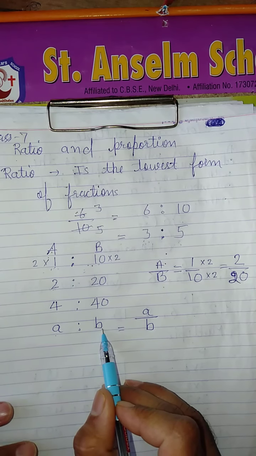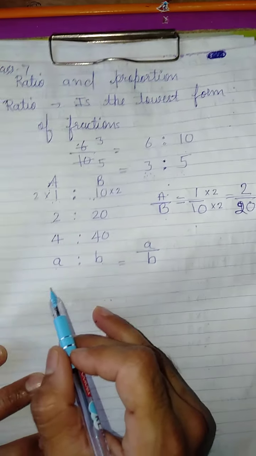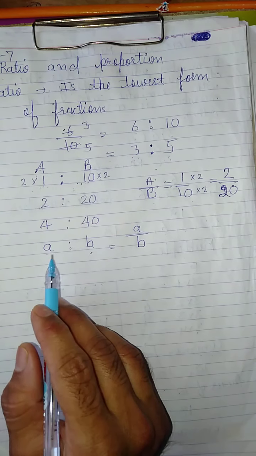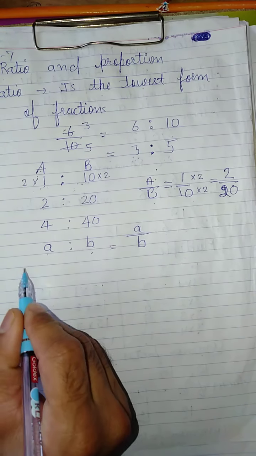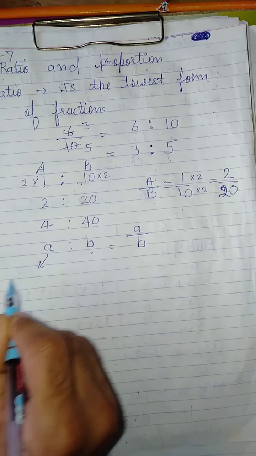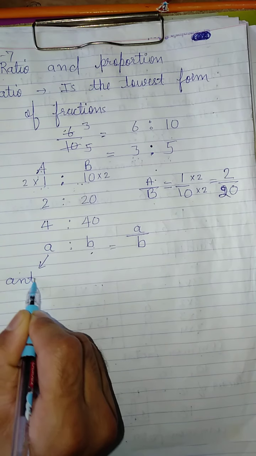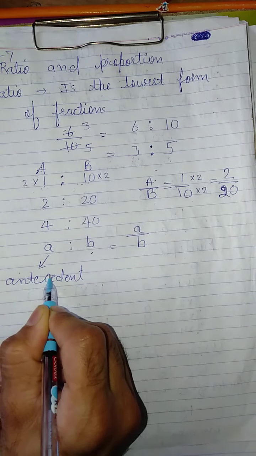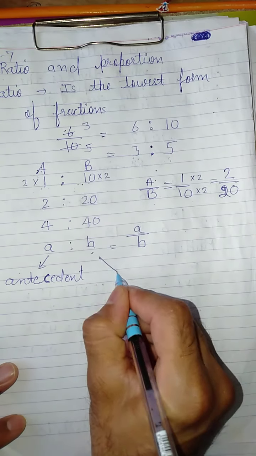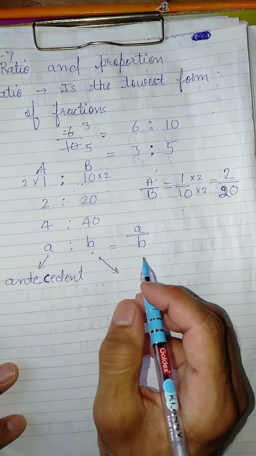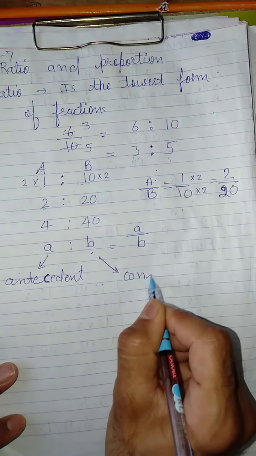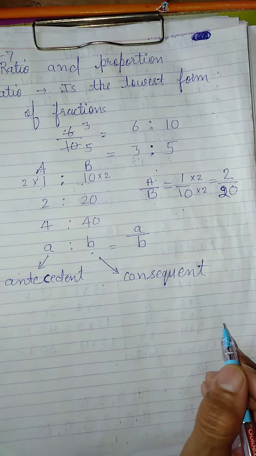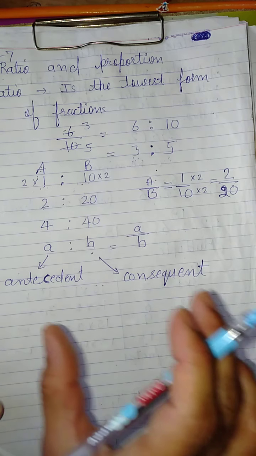In a ratio we call them like this, antecedent and consequent. This is ratio.